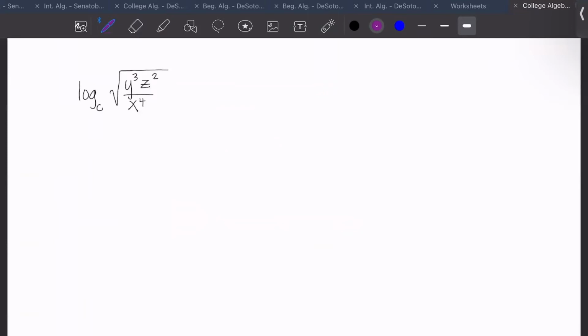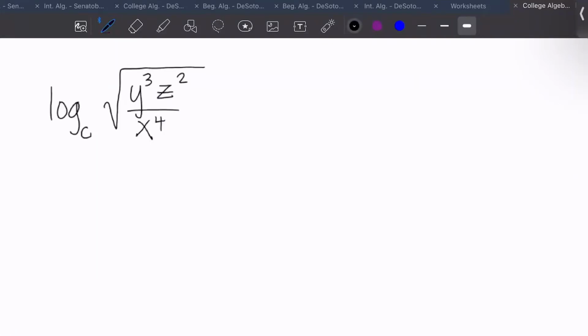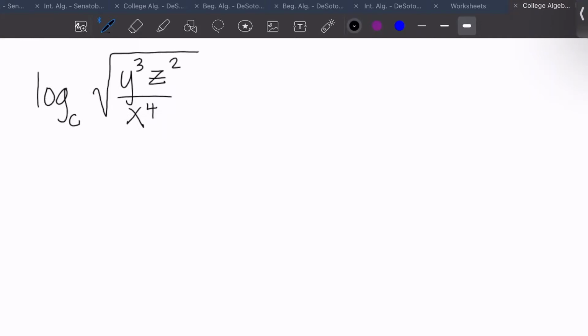This one looks vastly different than the other ones that we just did, okay? So we have a radical, all right? We obviously have rewritten those every single time. So we're going to write log base c, okay?